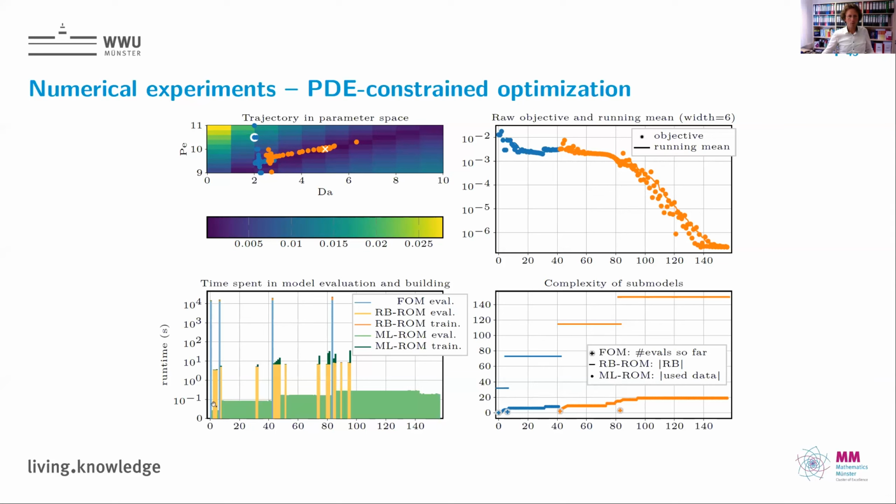The reduced order model is already much faster, and the machine learning model is even faster. And you see it's a logarithmic scale. And this means in order to solve this optimization problem, all in all, you need only 1, 2, 3, 4 full order model solves, and everything else can be handled by the reduced basis and machine learning model, which gives you a real speed up of this technology.